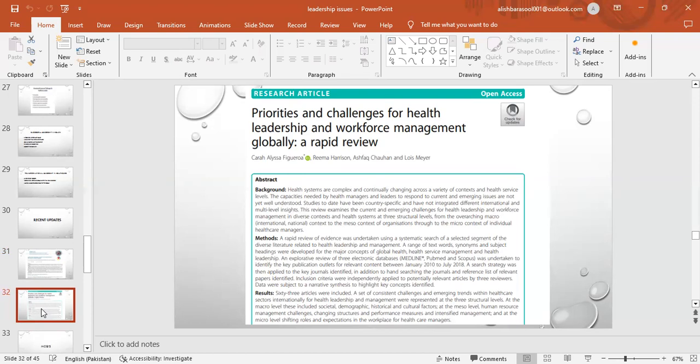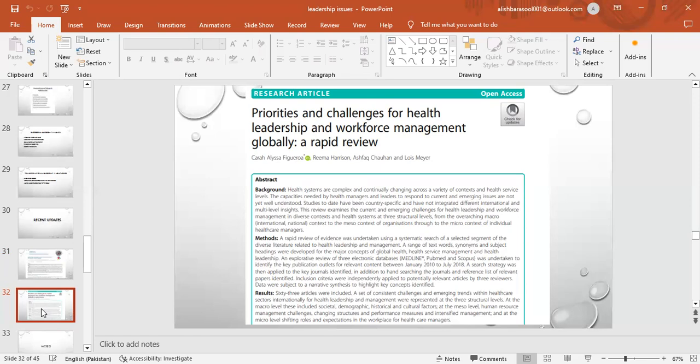A rapid review of the evidence was undertaken using a systematic search of selected segments of the diverse literature related to the health leadership and management. A range of text words, synonyms, and subject headings were developed for the major concepts of global health, health service management, and health leadership.